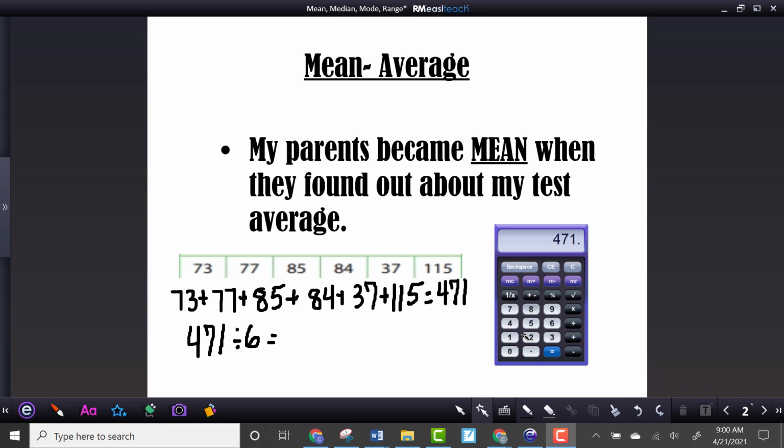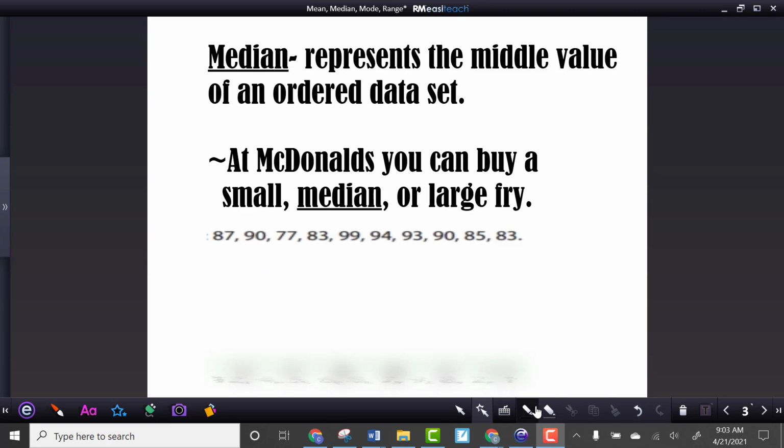So we have 471, and then we divide that by 6, and that's going to give us 78 and 5/10 for the mean. So again, to find the mean, add all the numbers in your data set together and then divide by the amount of numbers in your data set.